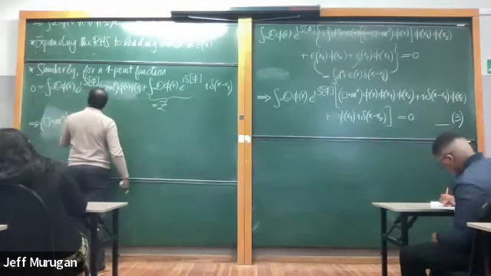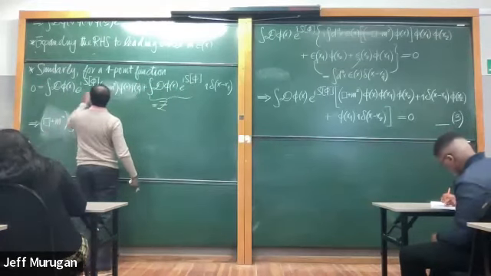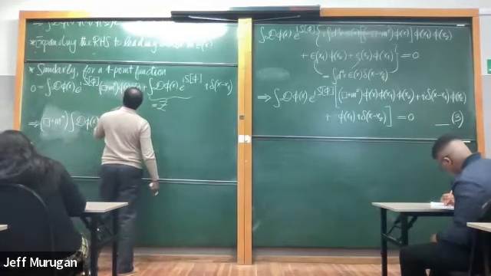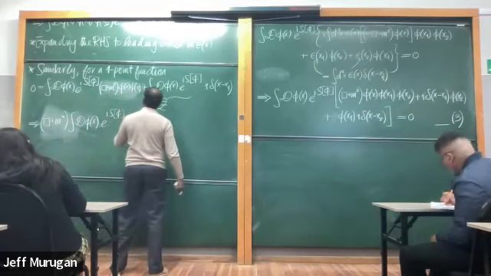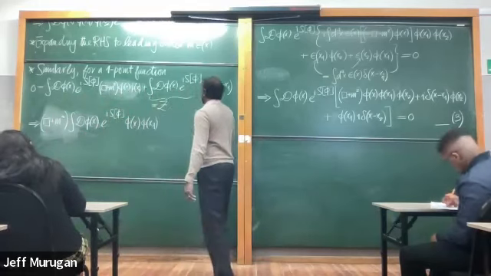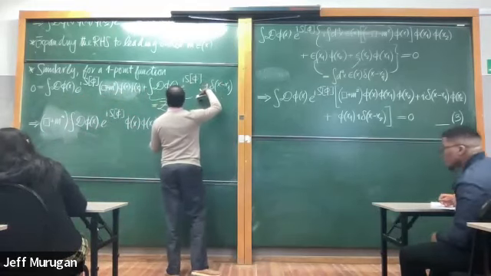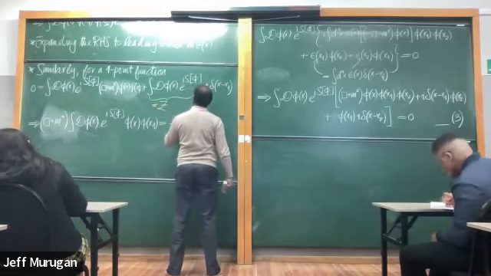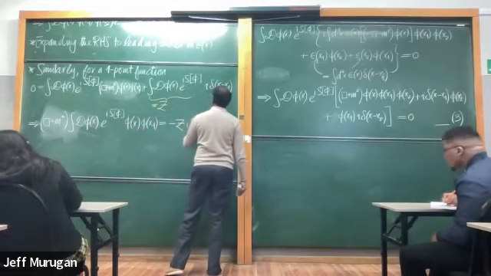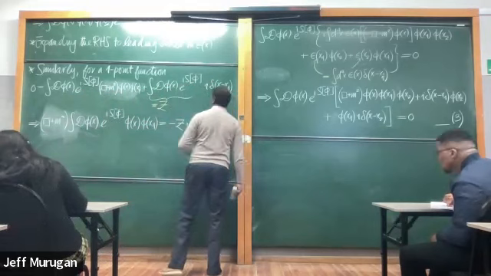The integral d phi of x, e to the i S of phi of x, phi of x1, is equal to minus Z i delta of x minus x1.